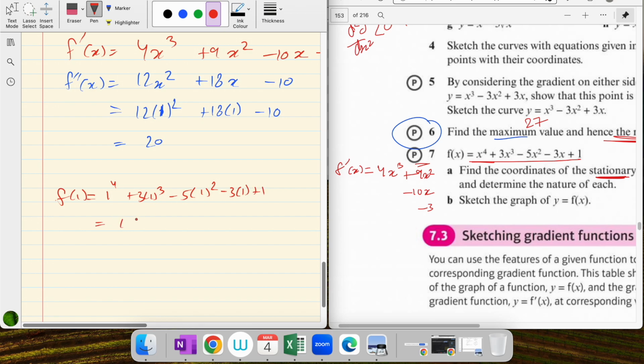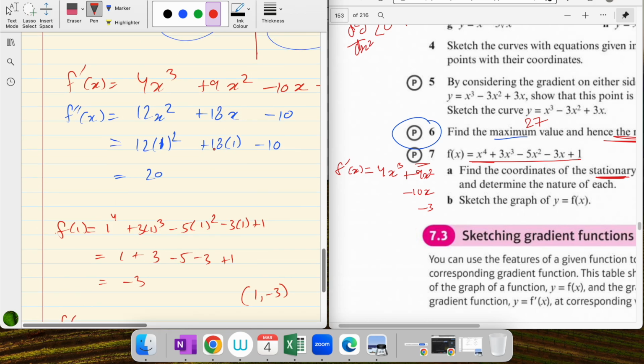So what do we get? 1 plus 3, minus 5, minus 3 and 1. I'm getting negative 3. So one of the turning points is x = 1, y = minus 3.